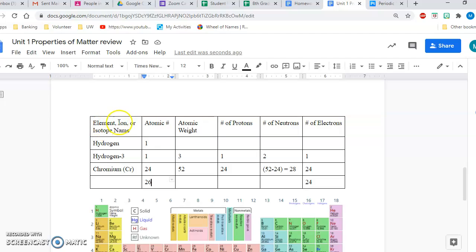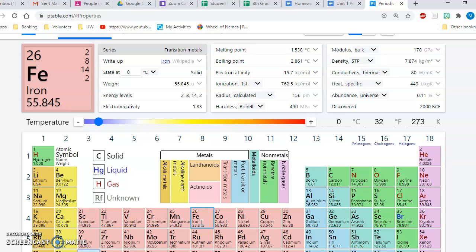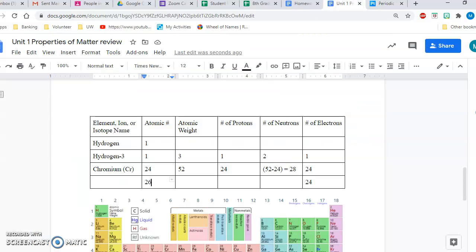Now, if we have an ion, we are going to look for our atomic number. So 26 is our atomic number. Our atomic number is iron. The weight is 55.8, so we'll round up to 56. And I think I said iron, which is Fe.